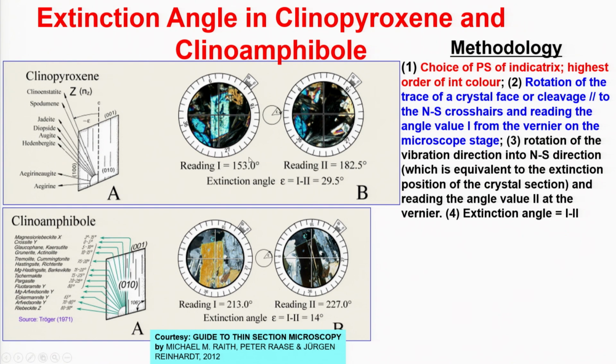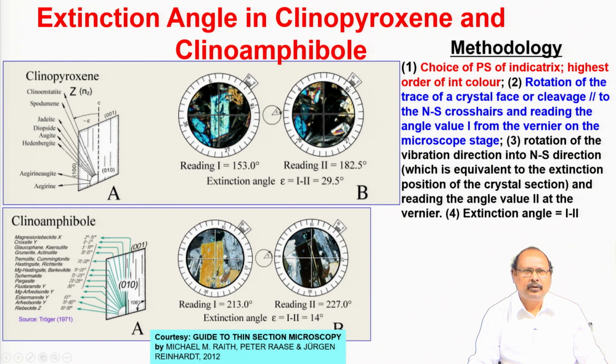Now you rotate the microscope stage such that the mineral comes to an extinction position, where the vibration direction will be parallel to the north south crosswire, and you take the reading here, and the difference of these readings is your extinction angle.